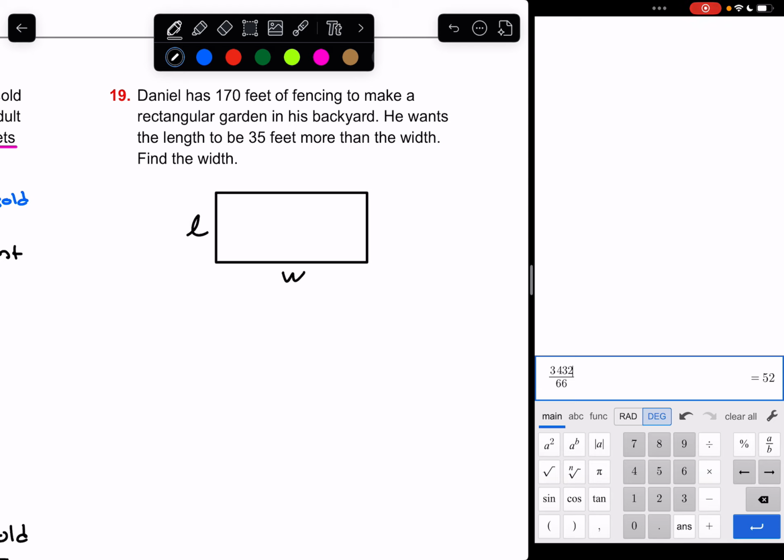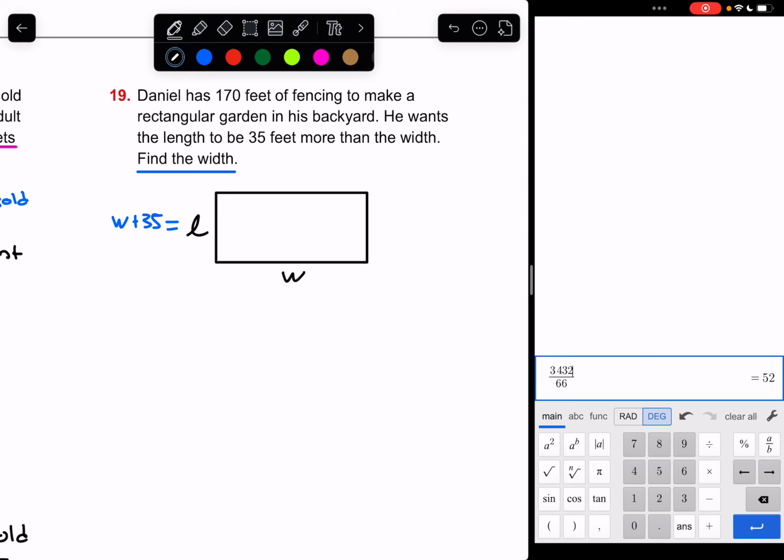So if my width is just plain old W, where notice it says find the width, that's what tells me to make W the variable I'm looking for. So W is going to stay W, but I'm going to change L, the length, to be 35 more than W. So I'm going to make L equal to W plus 35, because that is 35 more than W.